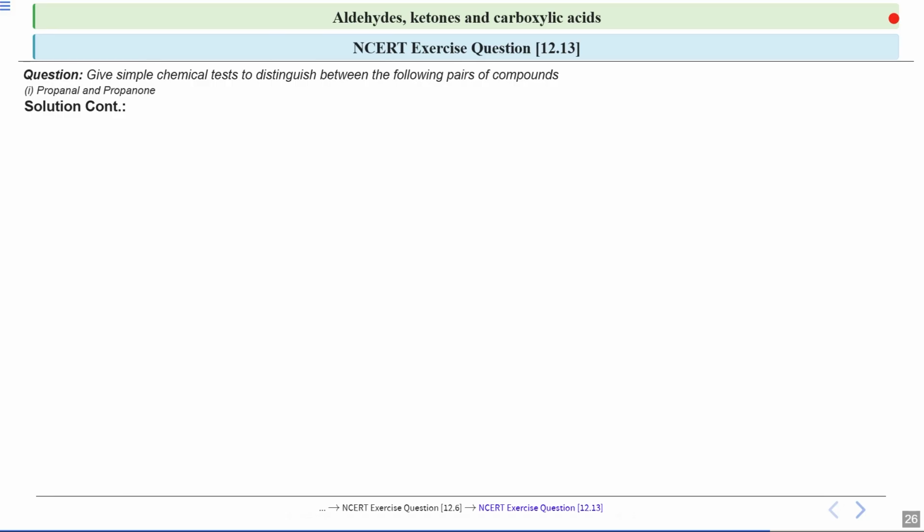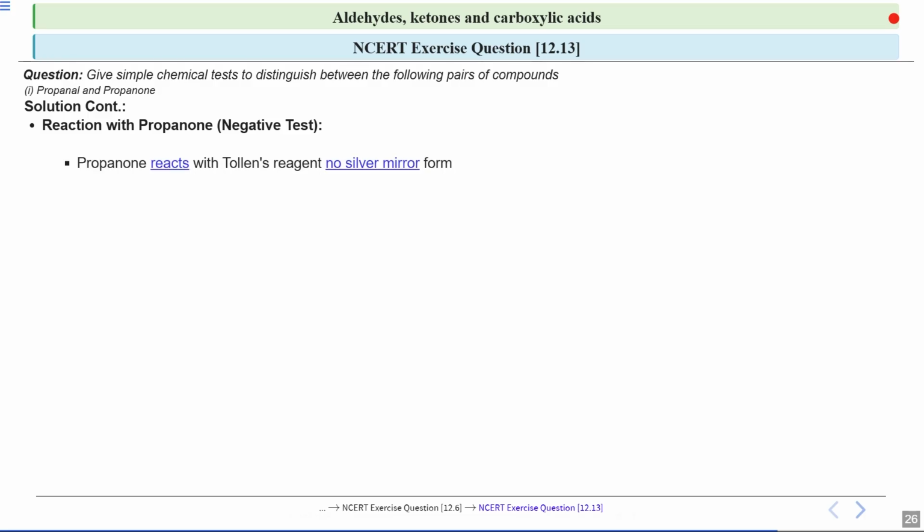Next, we will see the reaction with propanone. Propanone is a ketone. As I told you, ketones usually don't give this test. When we add Tollens reagent to propanone, there is no formation of a silver mirror. This is a key observation, that a silver mirror is a classic sign of an aldehyde.